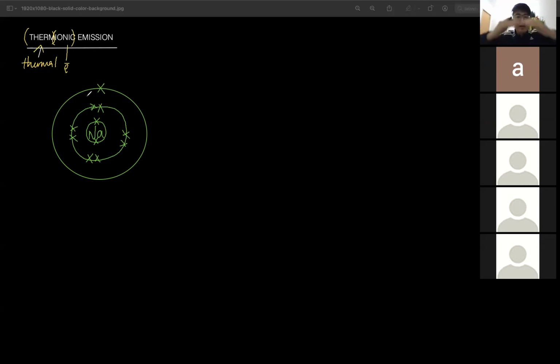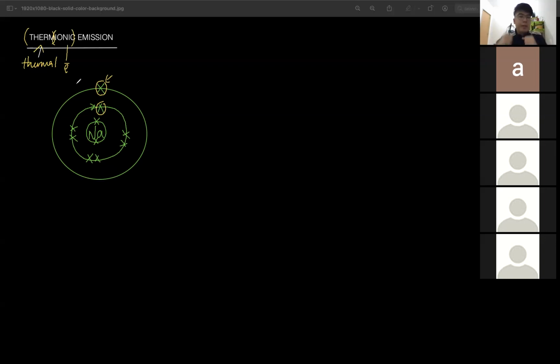The higher the shell, meaning the further you are from the nucleus, the higher the energy level. If I compare this electron here and this electron here, they are at different shells, so the one further away will have a higher energy. So what happens when an electron has high energy?